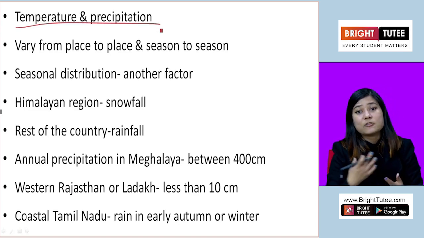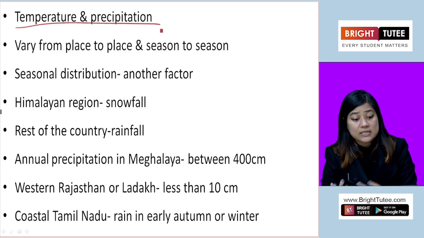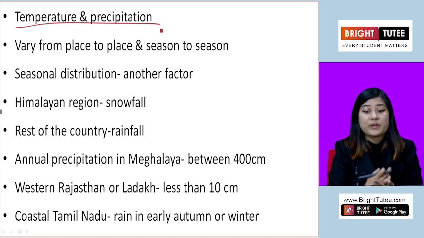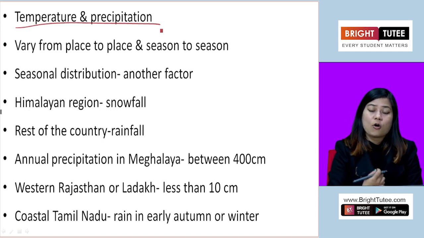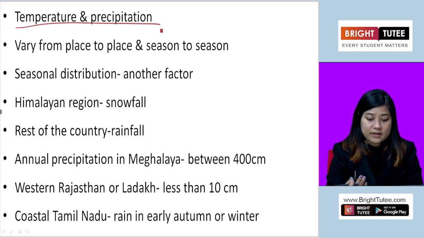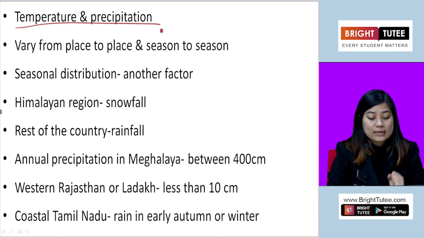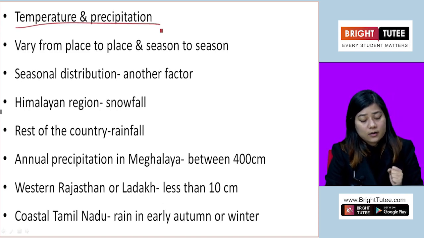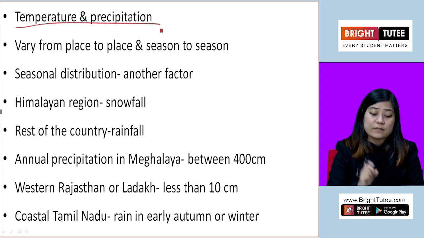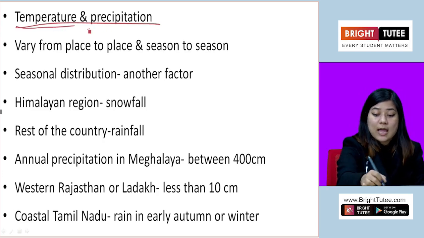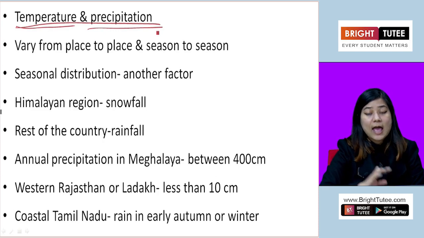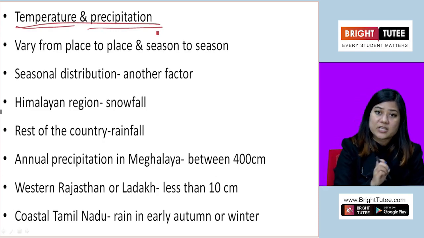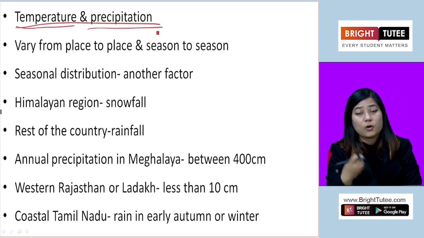Because of the region, because of the season, as well as the temperature and precipitation, the climate of India varies. So the climate is influenced by how much rainfall it receives, and whether the temperature is cold or warm or hot.